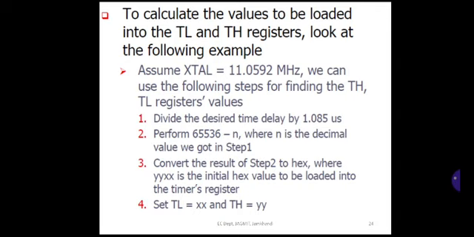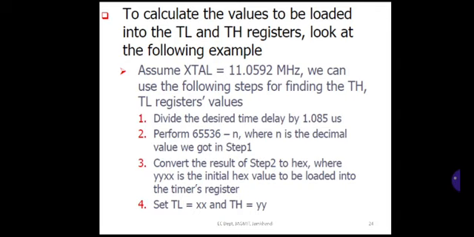This is a standard number that we have used earlier, and we have seen how to calculate it. Step 2: perform 65,536 minus n, where n is the decimal value we got in step 1.